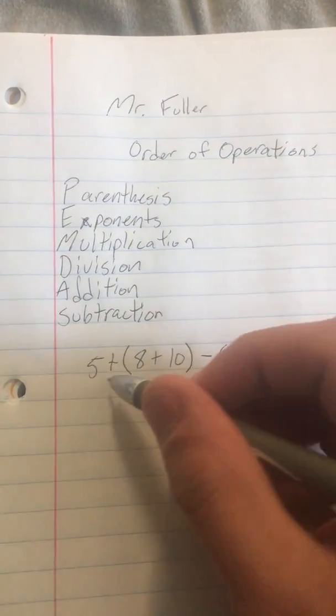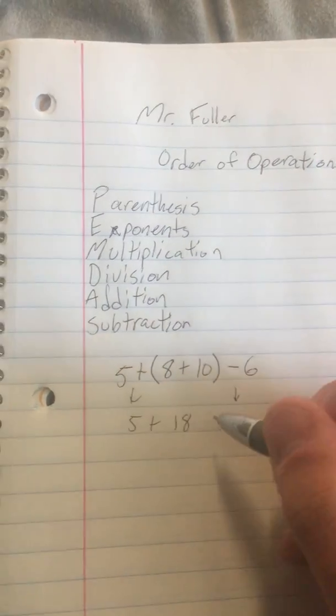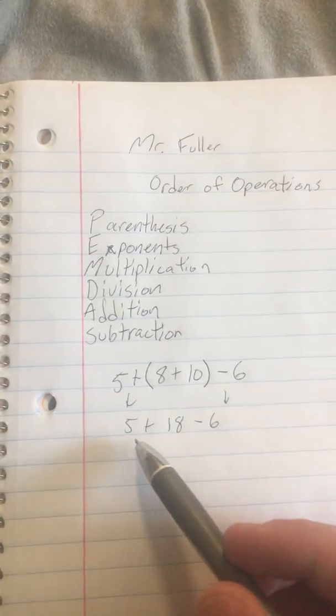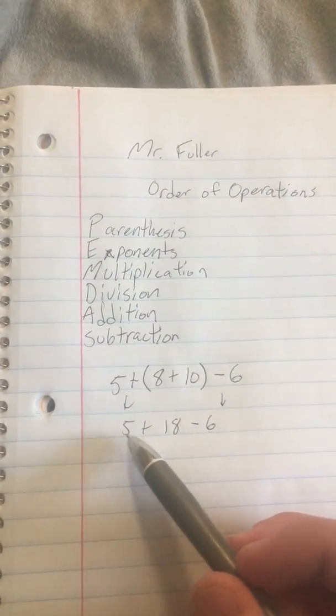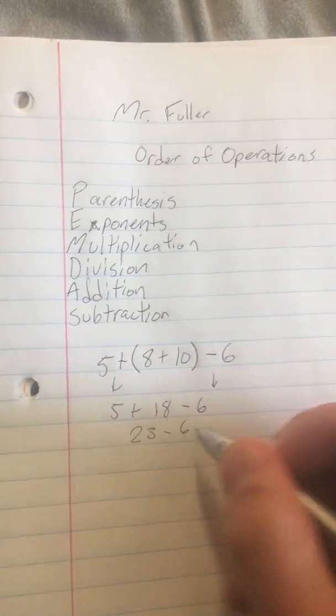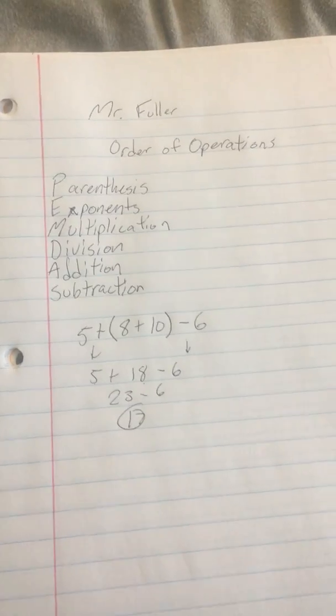Just drop everything down. So then it would be 5 plus 18 minus 6. Now, you just go left to right. 5 plus 18, 23 minus 6. Now, that would be 17. That's your final answer.